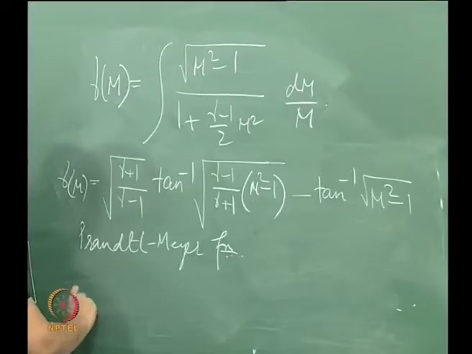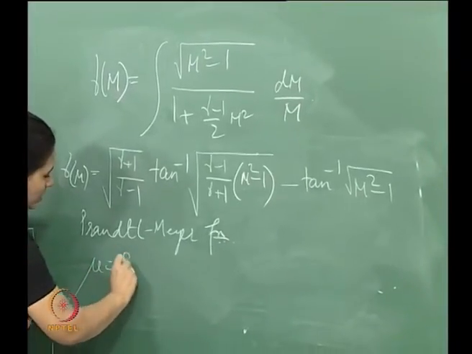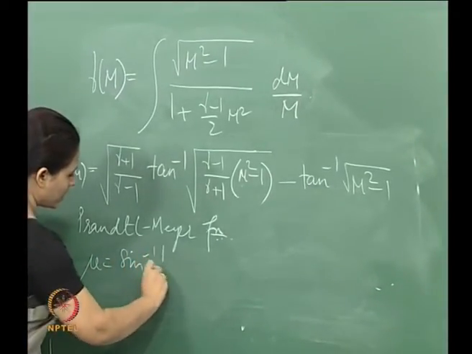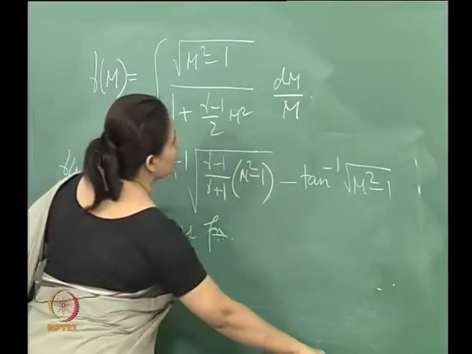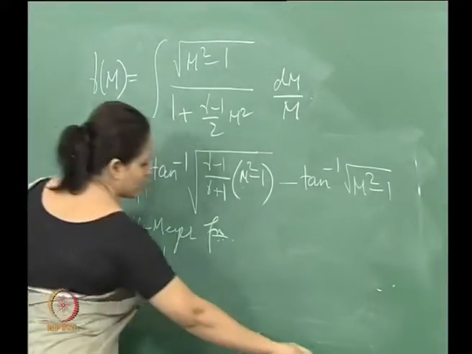Also, the Mach wave angle is sine inverse of 1 by M, so the Mach wave angle can also be calculated. So, therefore, what you have in the standard charts is this.